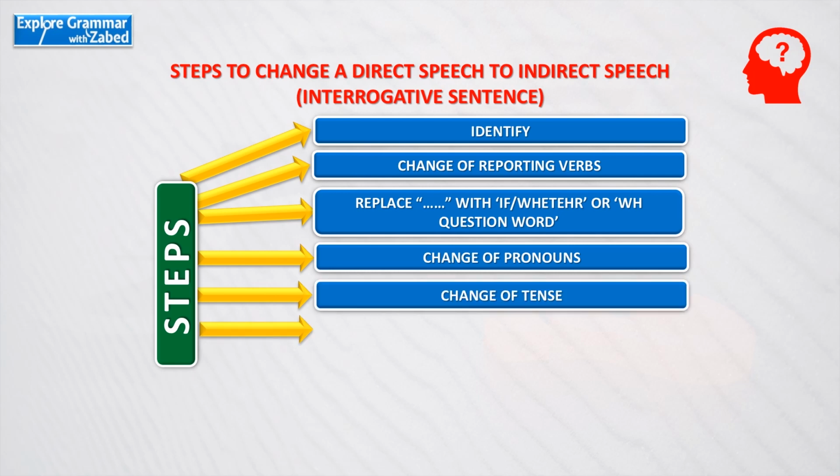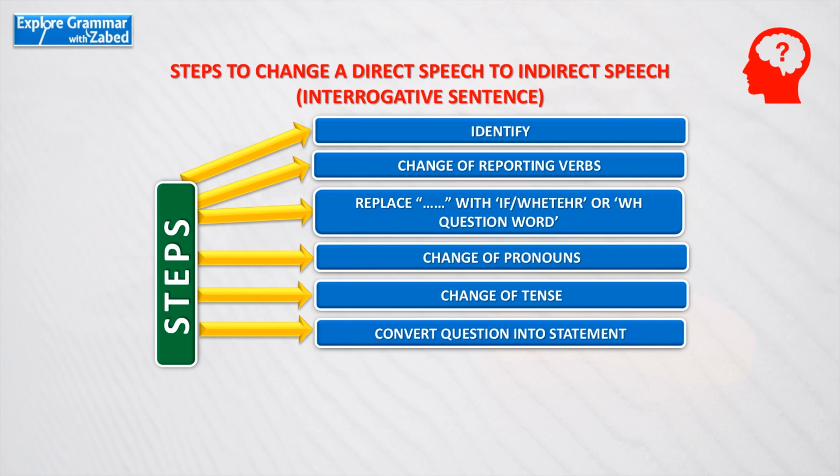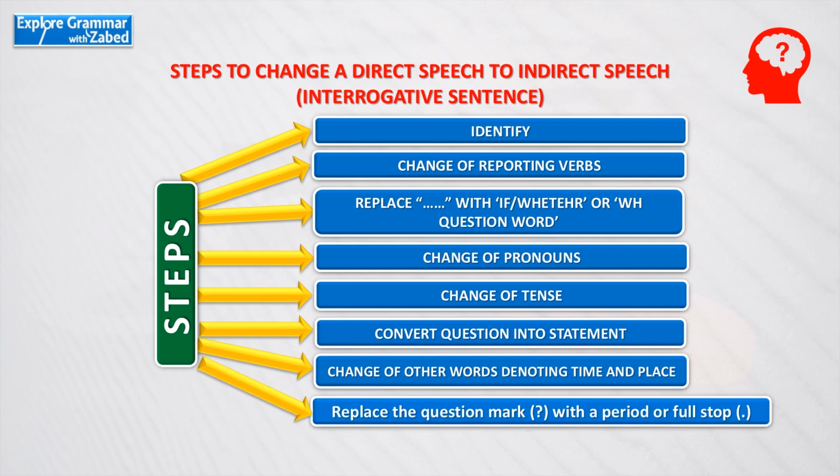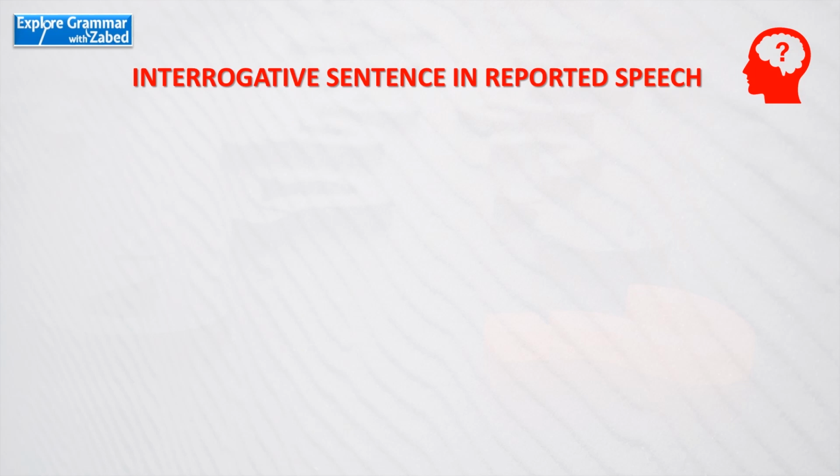Fifth step is change of tenses. Sixth step is convert the interrogative sentence to assertive sentence or statement. Seventh step is change of other words denoting time and place. And finally, replace the sign of interrogation or question mark with a period or full stop. I will explain all the steps shortly with ample number of examples.